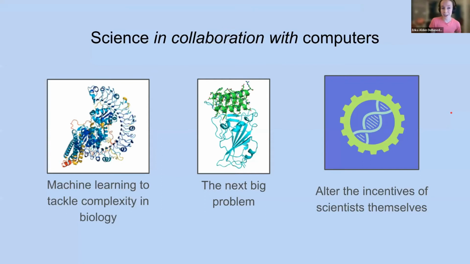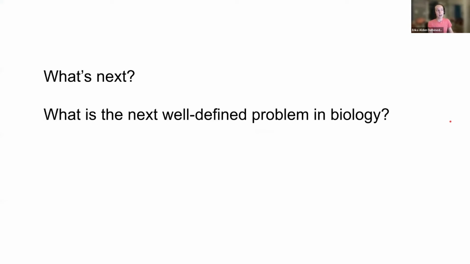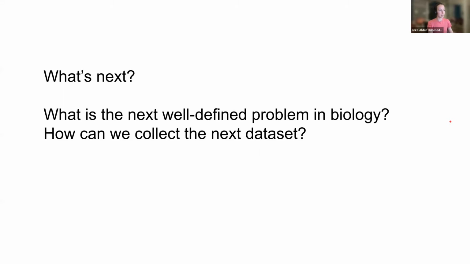So now I'm going to tell you about my stab at doing the next step here. Knowing that the key components are a well-defined problem and a data set, this raises the question: what's the next good example of this in life science?